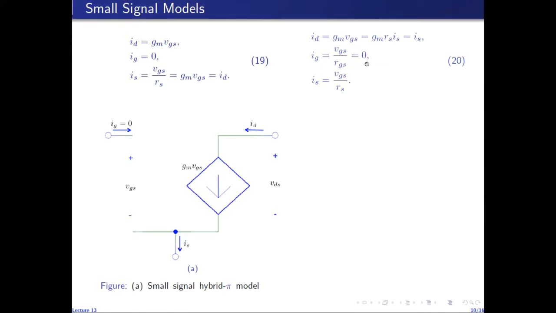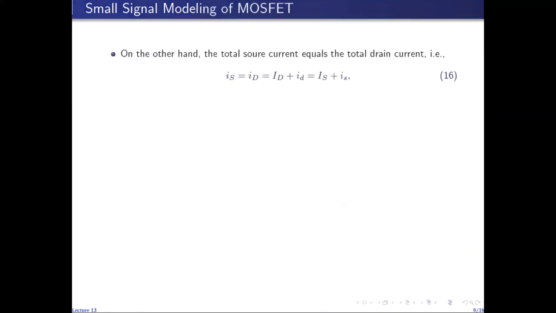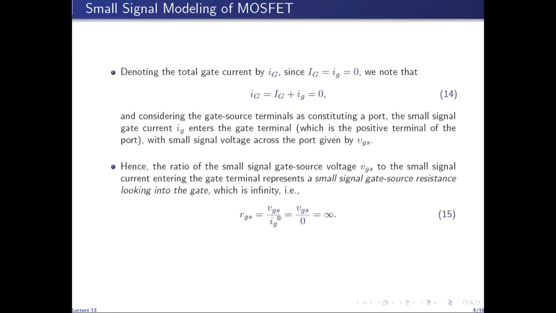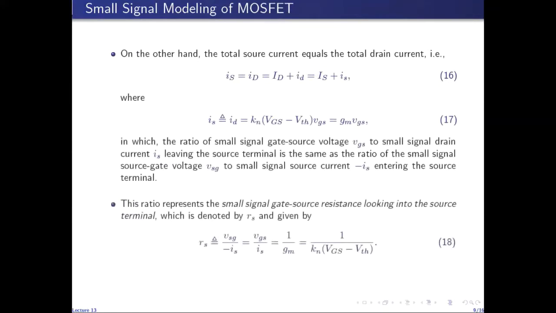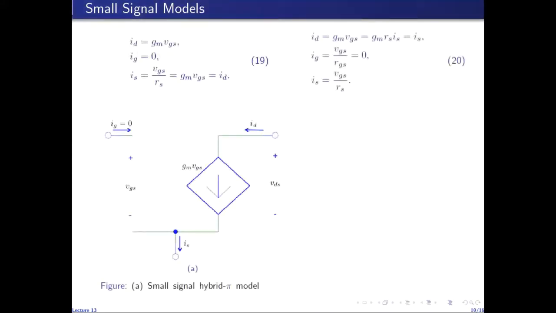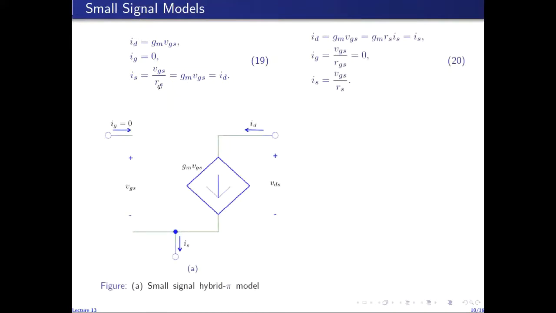IG is 0, and we can write IG from this relation as VGS over RGS. RGS is infinity because IG is 0. In other words, since RGS is infinity, IG is 0. And then we can write IS again from this equation: IS is equal to VGS over RS.